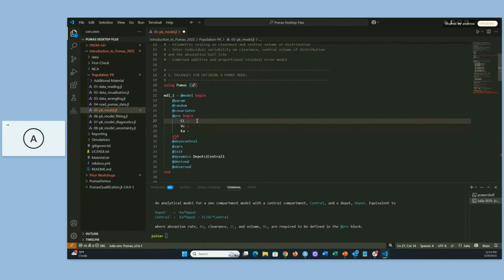The inter-subject variability can be handled separately or as a matrix, and that won't make sense to you until we get up into the parameter block. But I'm going to show you an example for each of those.